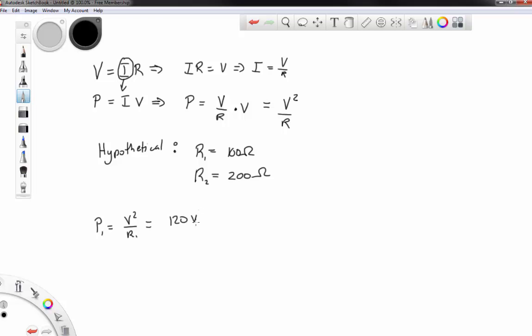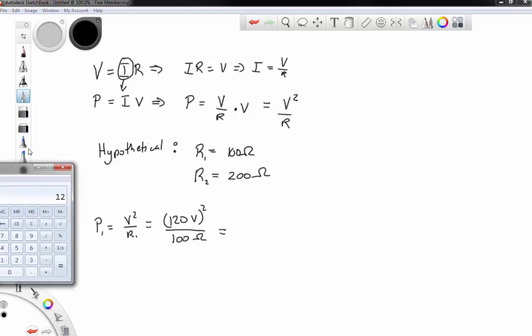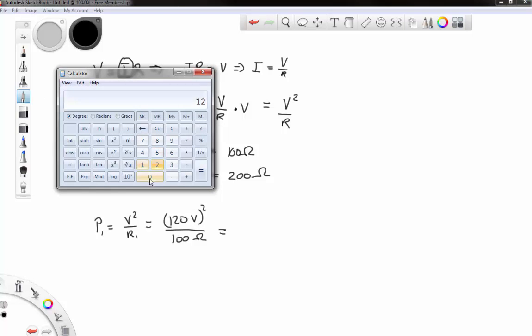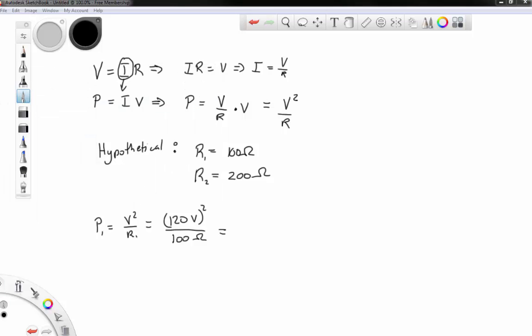So that is 120 volts squared divided by 100 ohms. Let's plug in those numbers: 120 times 120 divided by 100. Drum roll please. It's 144. So this first one has 144 watts.